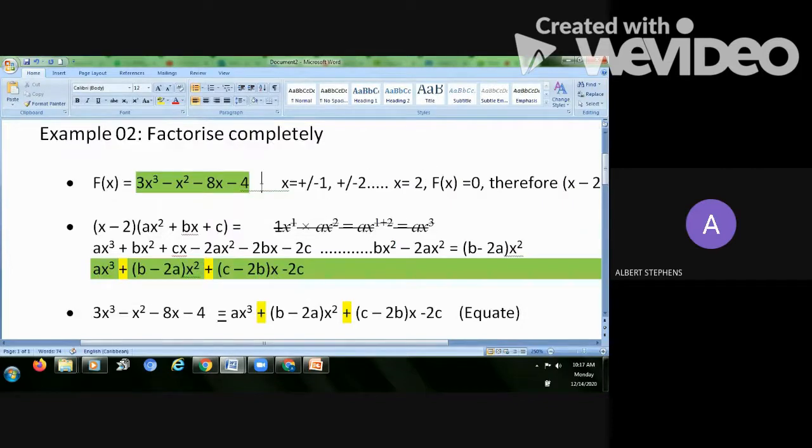So if you want to call this A, and you want to call this say B, equate what?